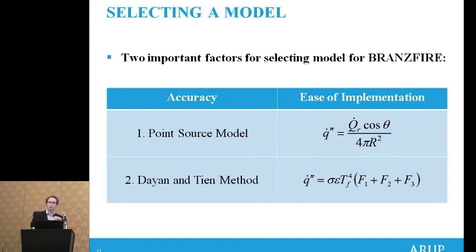Therefore, the point source model is quite easy to implement into Brandsfire. On the other hand, this cylindrical model requires these configuration factors to be determined, and those have a much higher requirement for inputs, such as the specific dimensions of the fuel source and orientations of different targets. It's just much more difficult to implement into the model.